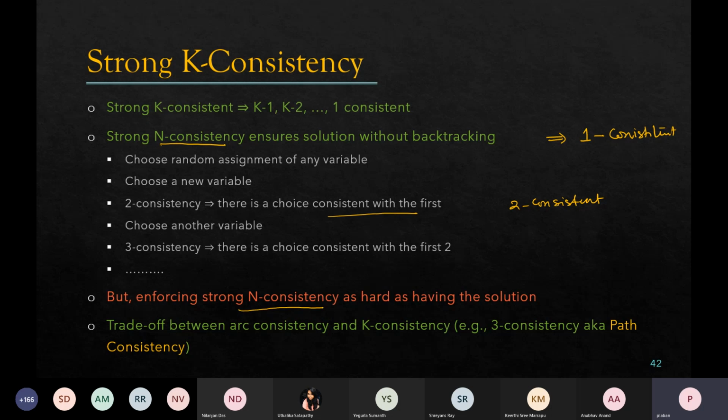That kind of approach is called path consistency, because we are taking care of a chain of assignments and making that consistent up to that level. So here we are keeping this CSP consistent up to 3 level, for example.